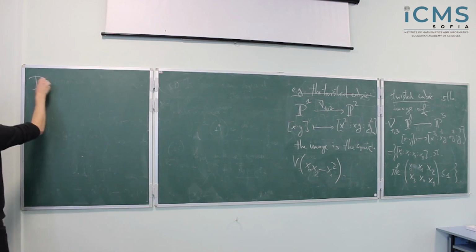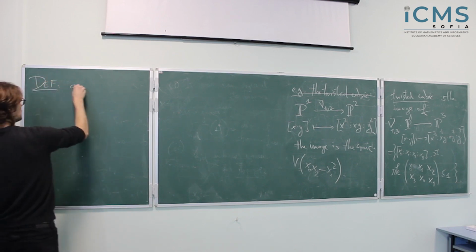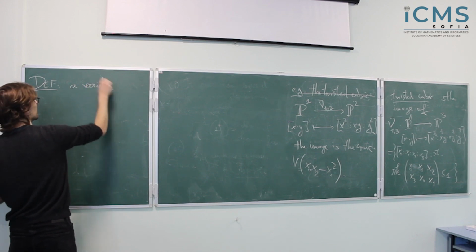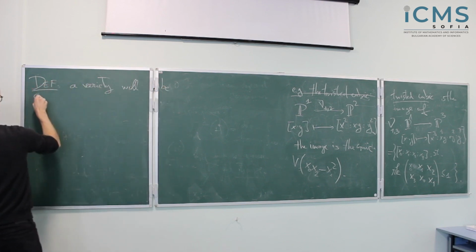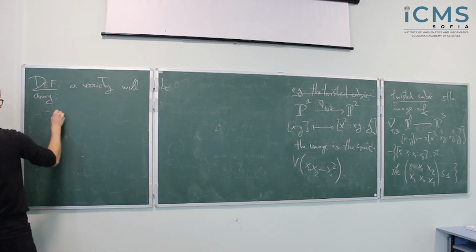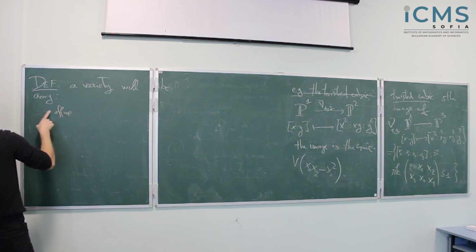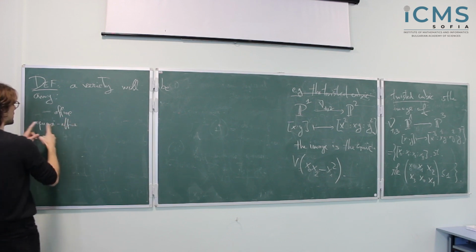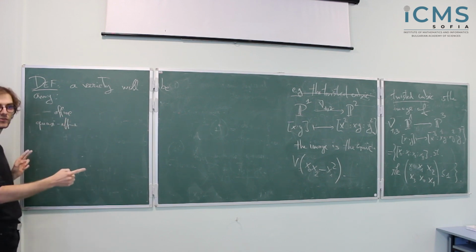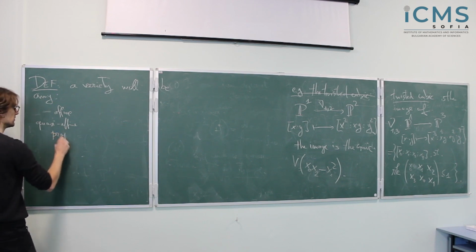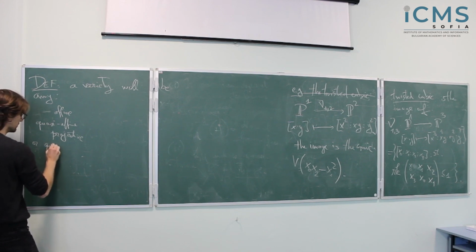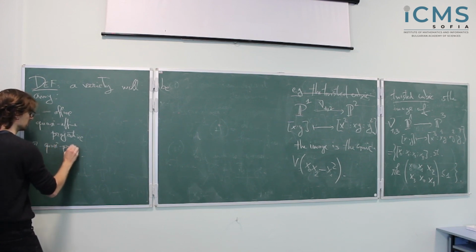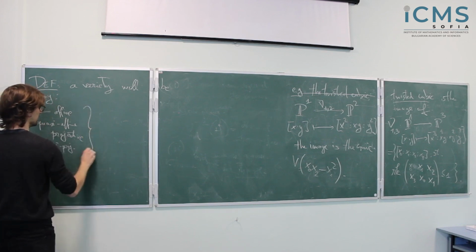So generally, a variety will be any affine, quasi-affine (remember, quasi-affine is just an open subset of an affine variety), projective, or quasi-projective variety.